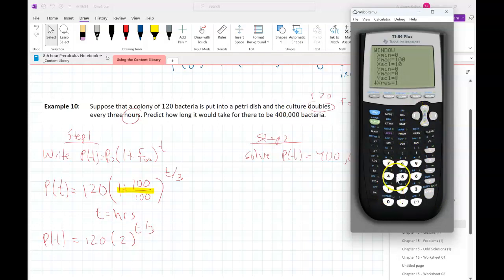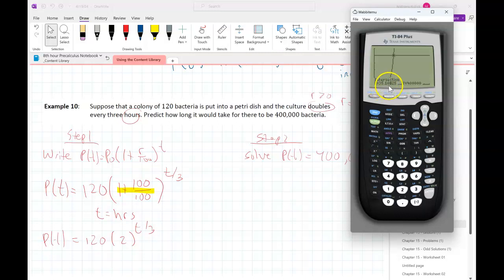I screwed that all up. That one was supposed to be the 500,000. Okay. And that ought to do. Whoa! Those bacteria are getting busy. There's my intersection. Second trace, intersect command, enter, enter, enter.